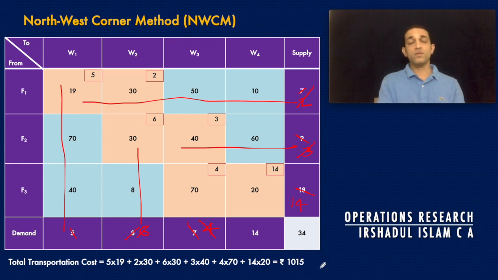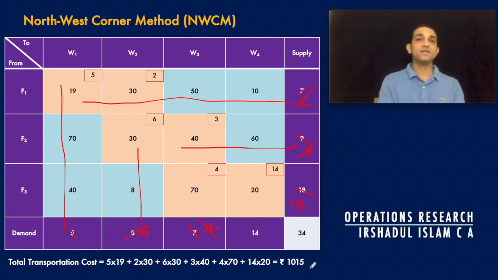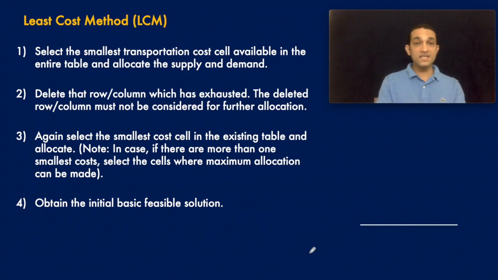The sum is equal to 1015 rupees. This is the northwest corner method, and just note this amount. This is 1015. Now we are moving to the least cost method.